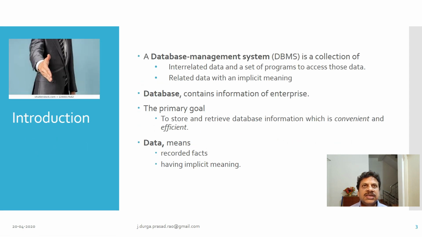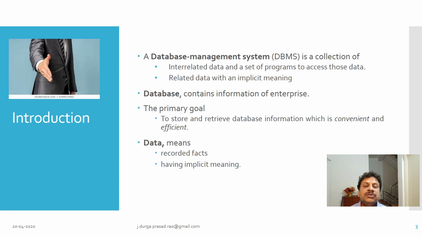So let us first clearly define what is database management system. A database management system is a collection of interrelated data and a set of programs to access those data. Again, I repeat, a database management system is a collection of interrelated, mark the word interrelated, data and a set of programs to access those data.